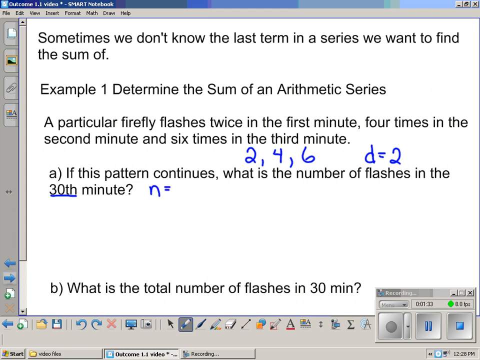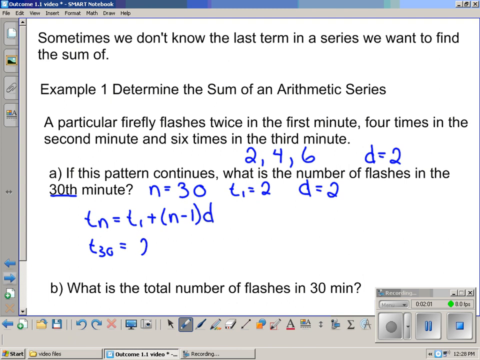In that case, n would be 30. T1 is 2, and my common difference is also 2. So substituting into our Tn formula from the other day, Tn is equal to T1 plus (n minus 1) times d. Tn is what I'm looking for, how many times it flashes in the 30th step.